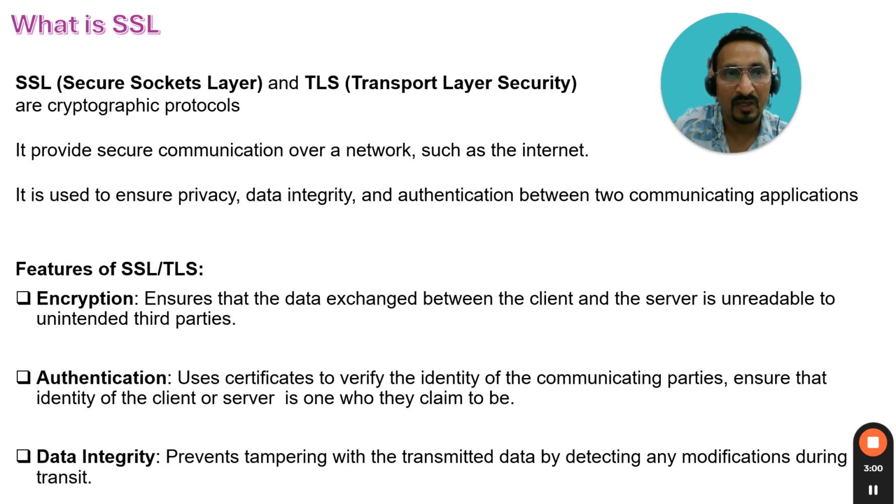Data integrity. Data integrity means when you send the data, your data should not be broken or modified. So SSL helps me to make sure data integrity has been met.